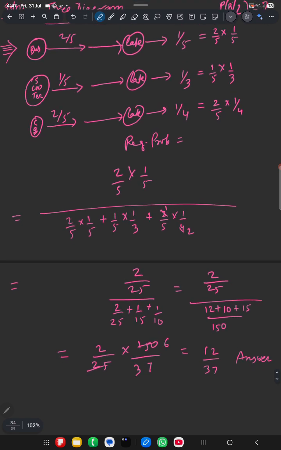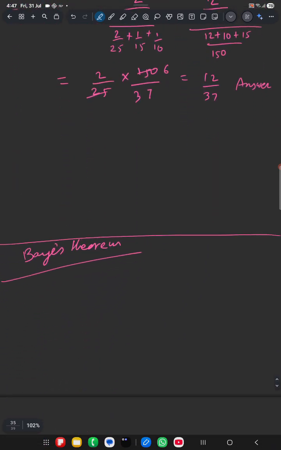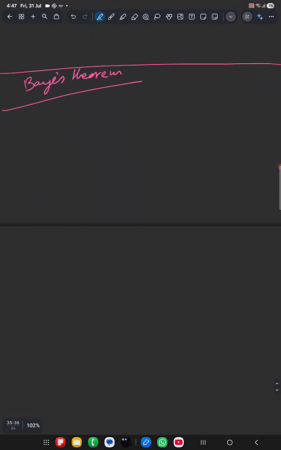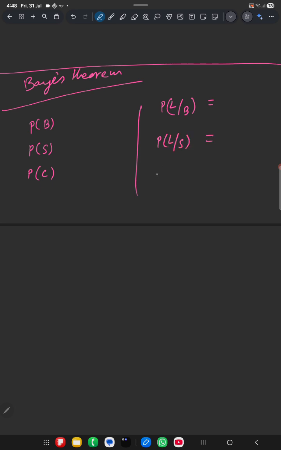Now we will solve the same with Bayes theorem, using the symbols. First of all, write the probability of going by bus, by scooter, and by car, and then the probability of being late when going by bus, late when going by scooter, and late when going by car.